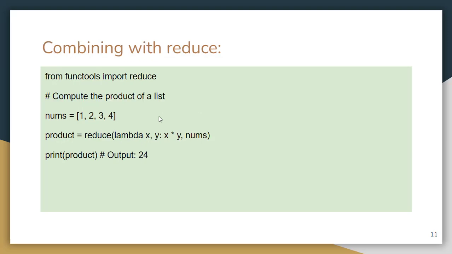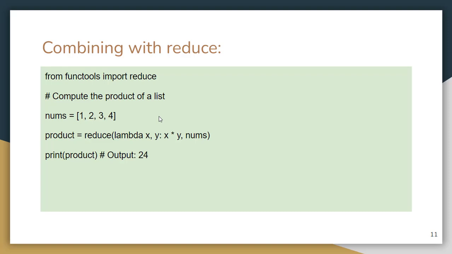Next use case example is combining with the reduce function. First we have to import some package: from functools import reduce, to compute the product of a list. That is, we calculate the product of each element of the list.